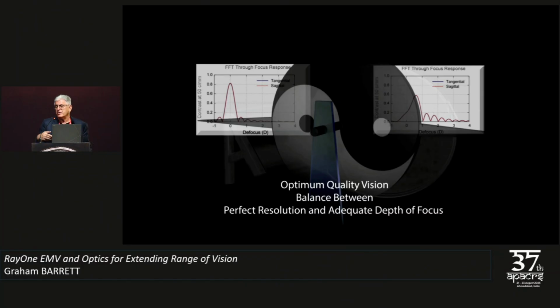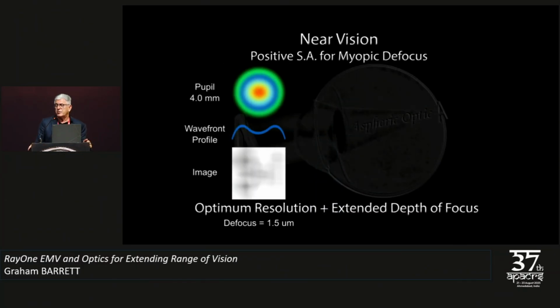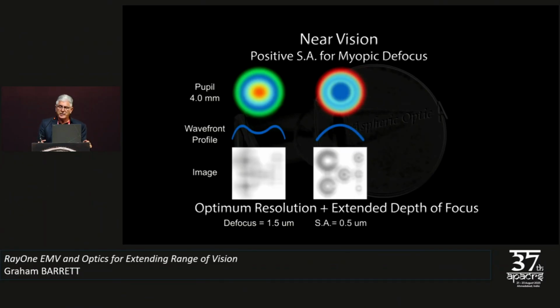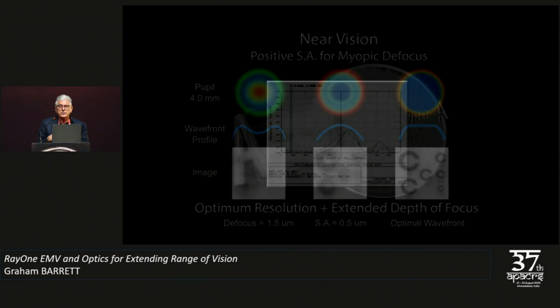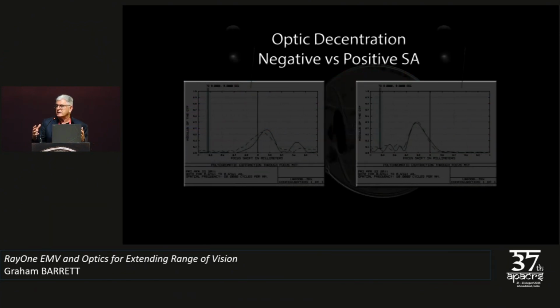There's certainly unique features about positive spherical aberration. If you have some defocus due to myopia and you have some defocus due to spherical aberration, you put them together, there's a synergy, and the combined wavefront is actually better than either with myopic defocus or spherical aberration alone. Also, and this is often not well understood, all lenses are decentered to some extent.